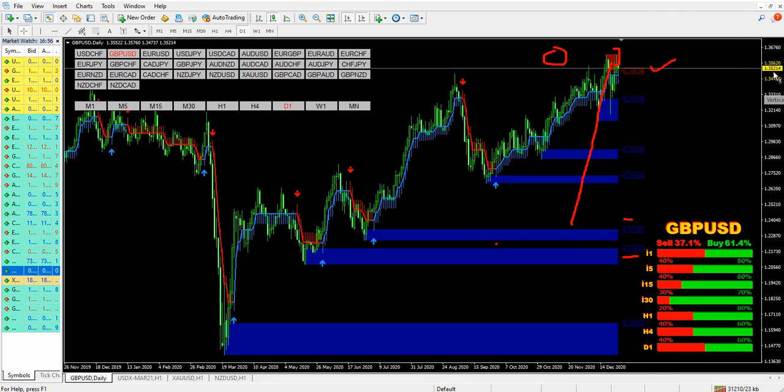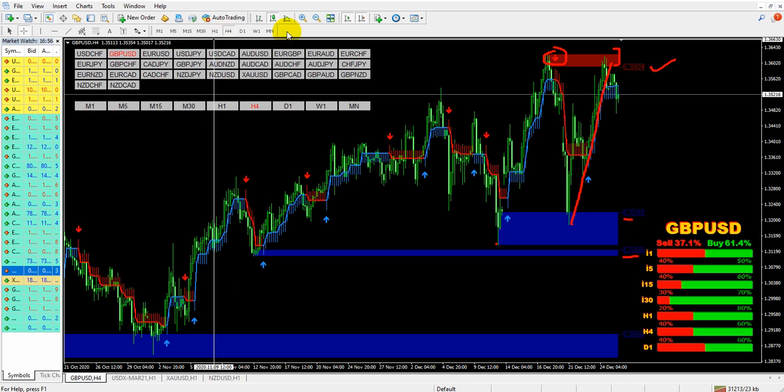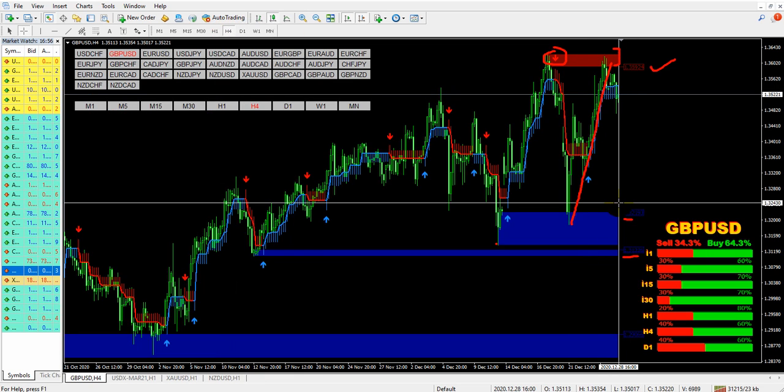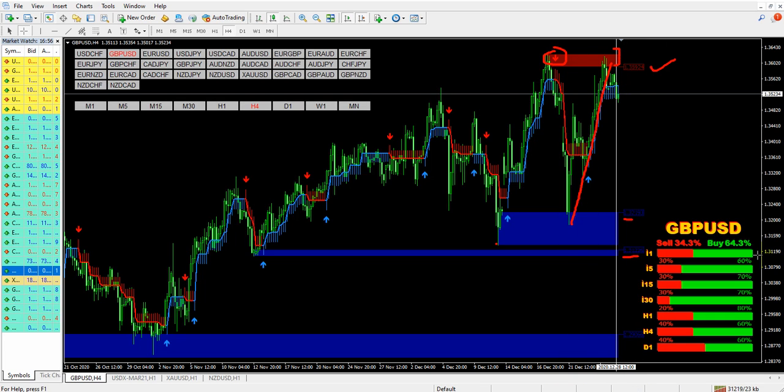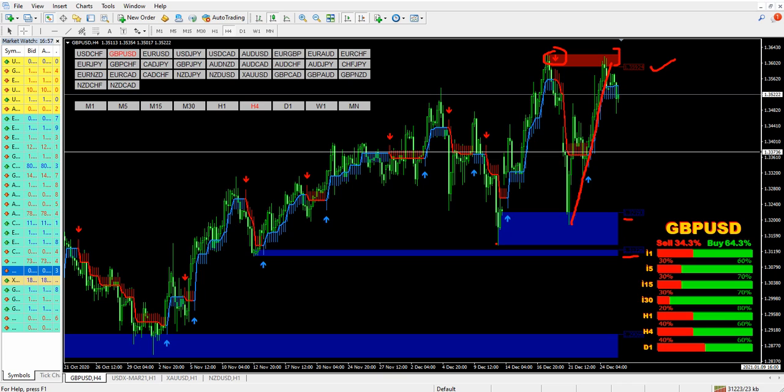So as of now at 1.352, if any trader wants to place a sell in GBP USD and hold their trade, then they will go for sell GBP USD. Also check D1 and H4. D1 is also showing a maximum sell indication.